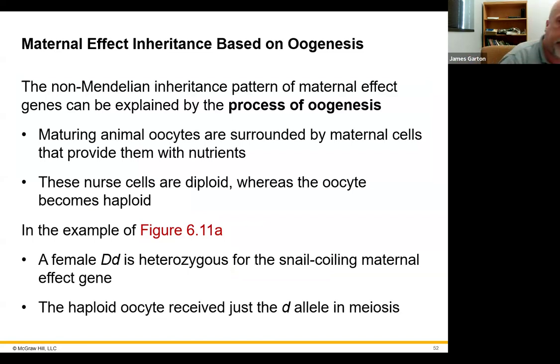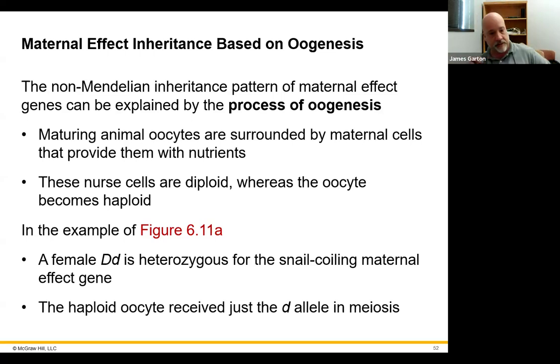And so here it is. Any animal gamete is going to be surrounded by nurse cells. In the case of the oocytes, these developing oocytes are surrounded by cells from the mother that are going to provide them nutrients. The nurse cells are diploid. The oocyte will become haploid.